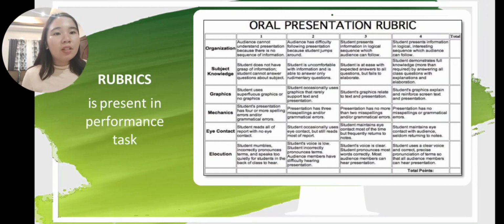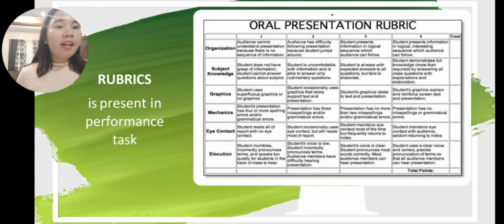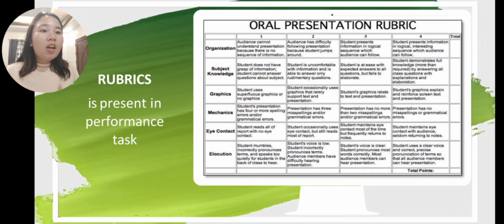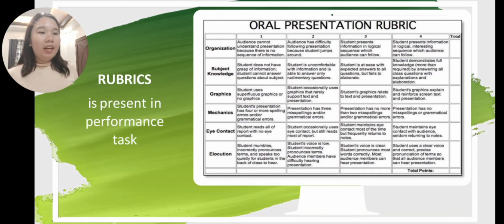Student pronounces most words correctly. Most audience members can hear the presentation. Student uses a clear voice and correct, precise pronunciation of terms so that all audience members can hear the presentation. So this is what we call rubrics in presenting performance tasks.